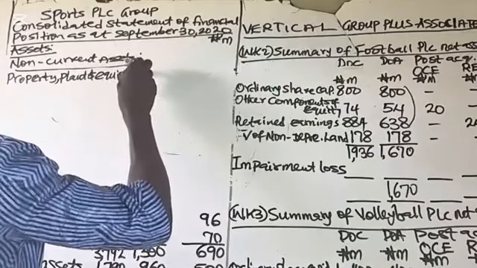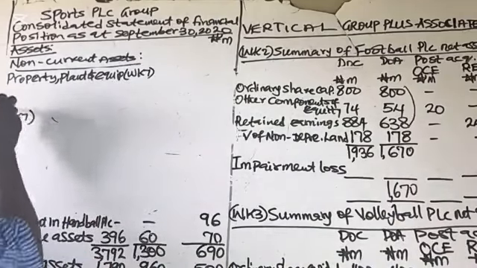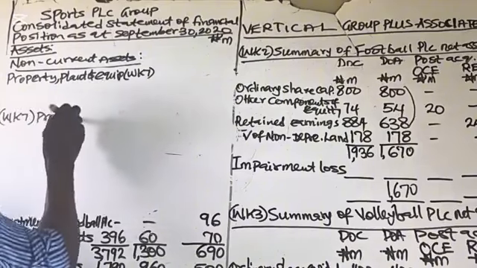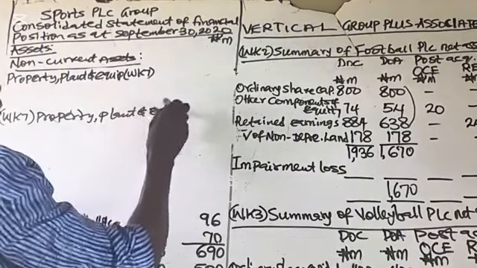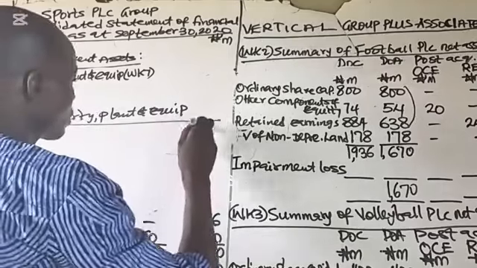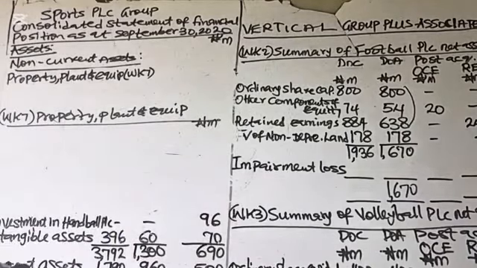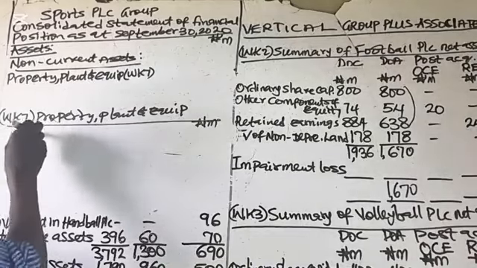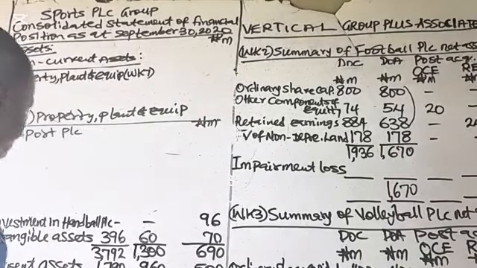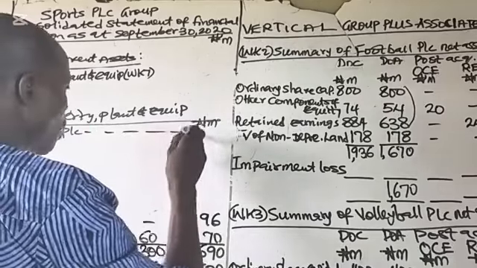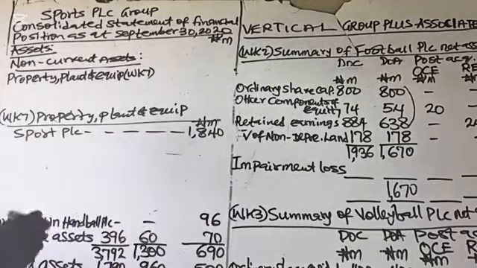Working number 7. So property, plant, and equipment. The parent is Sport PLC. From the statement of financial position of the parent, we have property, plant, and equipment 1840. That is the first item obtained from the statement of financial position.